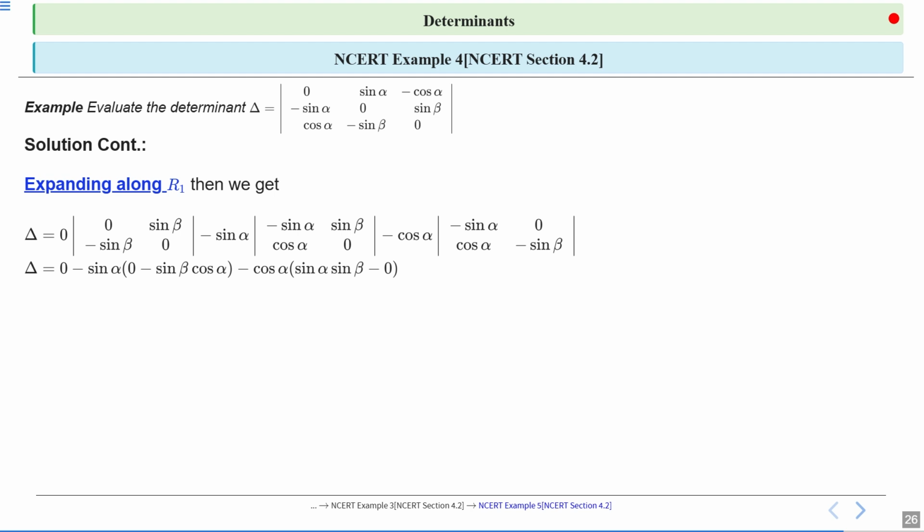Minus sin alpha, then the determinant of minus sin alpha into 0, that is 0, minus sin beta into cos alpha, minus minus plus, so it becomes sin alpha into sin beta cos alpha. Then minus cos alpha into sin alpha sin beta. So the first one has a positive sign, the second a negative sign, both cancel out, so the determinant is 0 for this matrix.